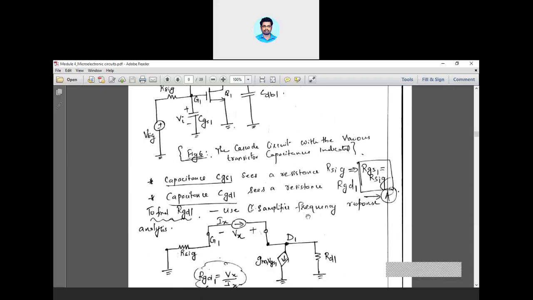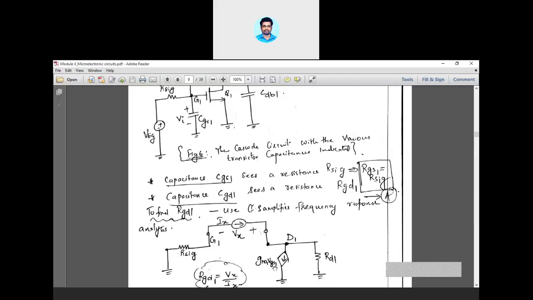The current at the transistor can be represented by a dependent current source, Gm into Vgs1, because Vgs1 is the input voltage and it determines the output current. The output current of a transistor can always be represented by a voltage dependent current source.